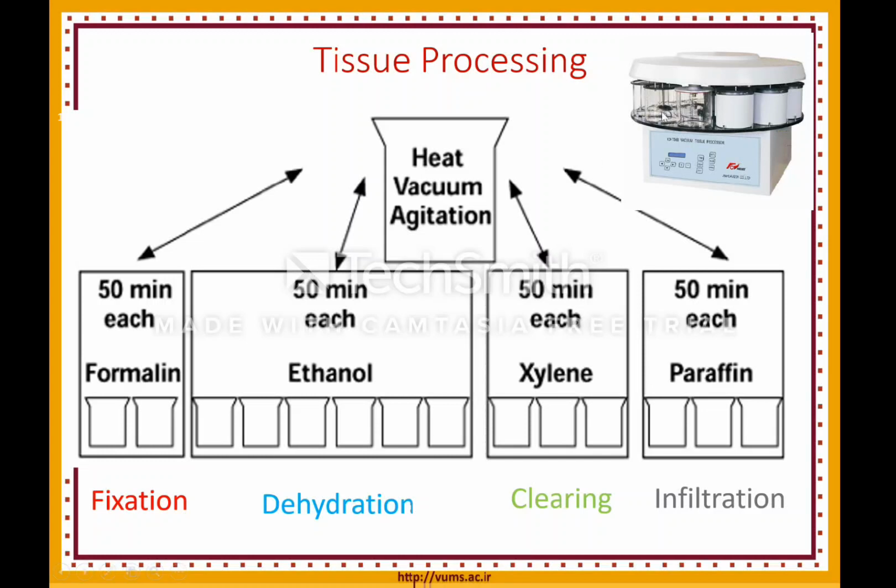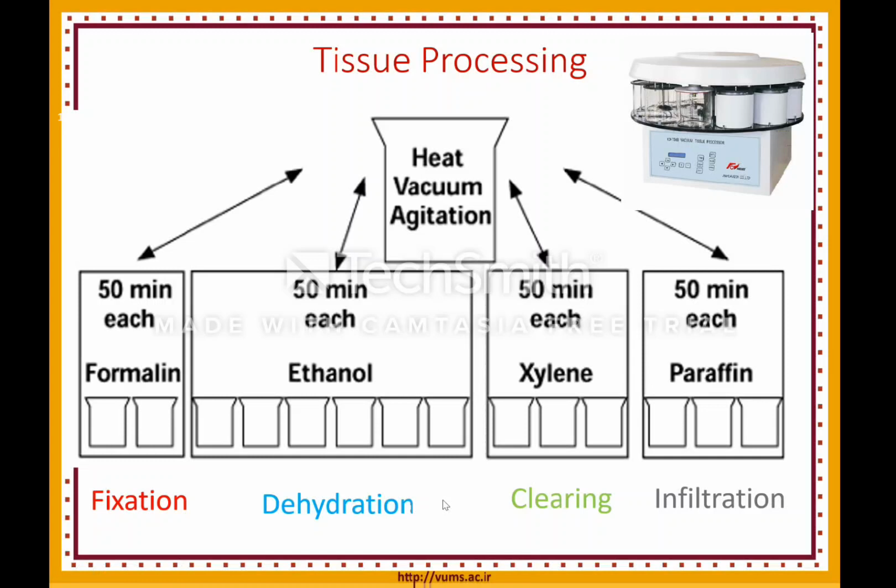At first, the first jar includes formalin. Formalin is a fixative. This step is fixation, in which we fix tissue. We put the basket that includes the different tissues inside this jar. After that, we should remove the water of the cells and tissue.